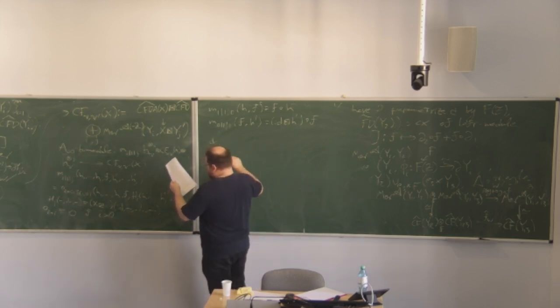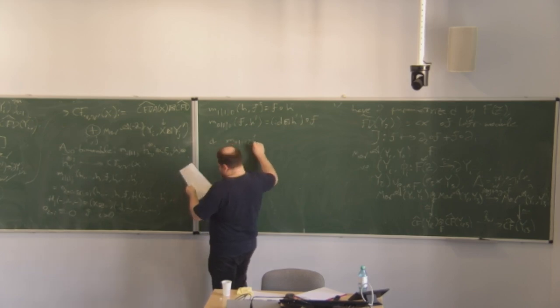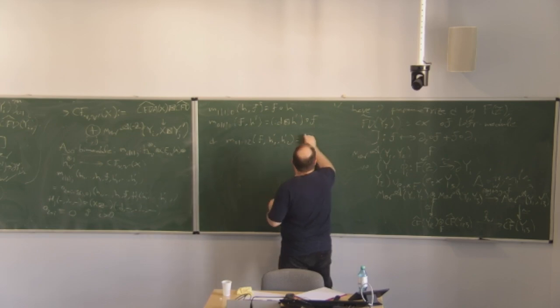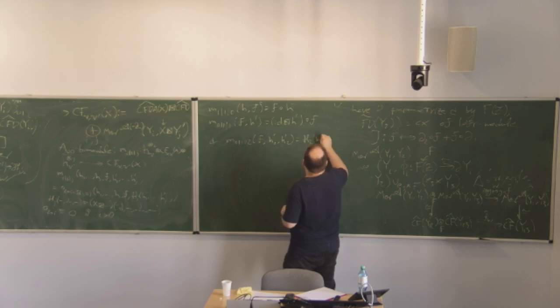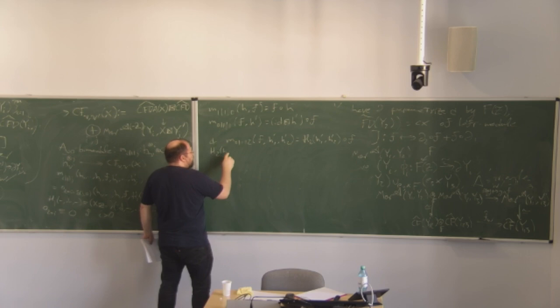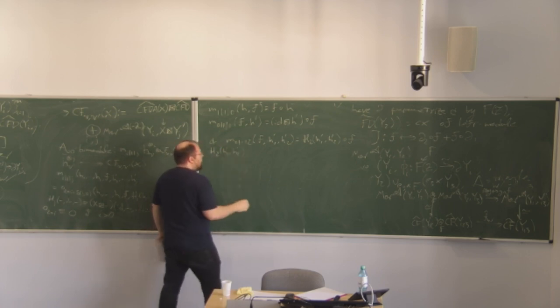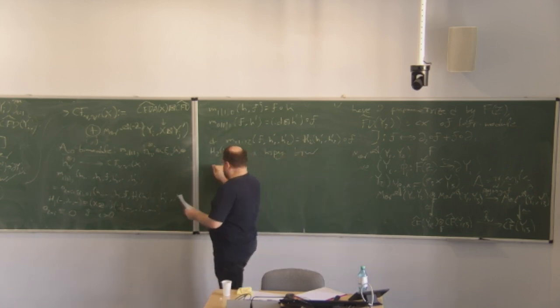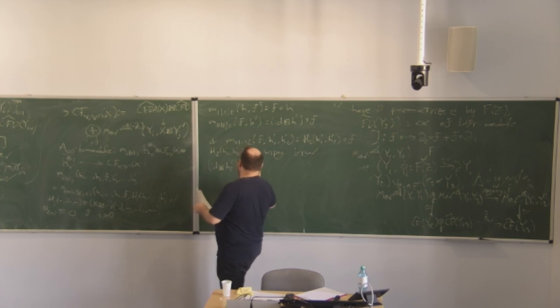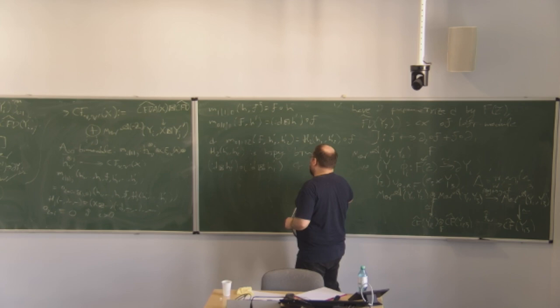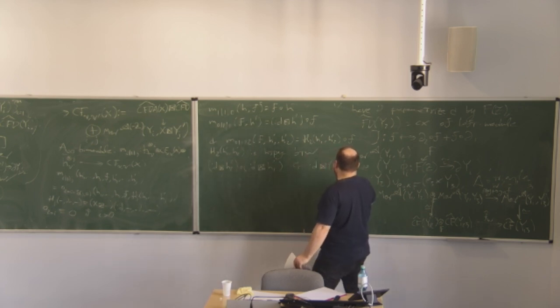And m012 of f with h1 prime and h2 prime, well, this is big H2 of little h1 prime, little h2 prime, composed with f, where H2 of little h1 prime, h2 prime is a homotopy between identity box h2 prime composed with identity box h1 prime and identity box h2 prime composed with h1 prime.